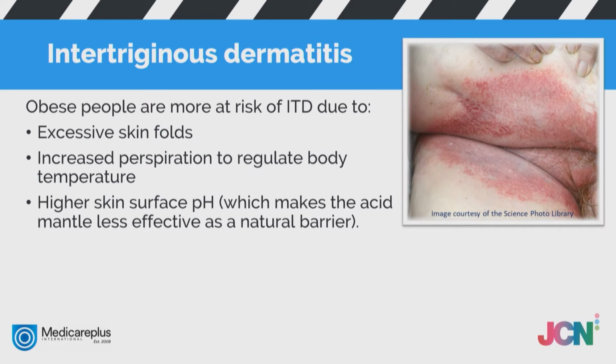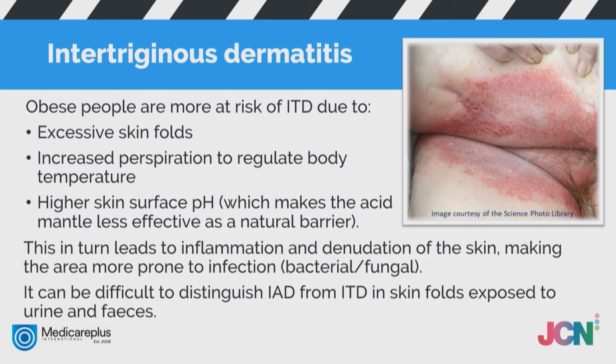So obese people are more at risk of ITD, due to excessive skin folds, increased perspiration to regulate body temperature, and higher skin surface pH, which makes the acid mantle less effective as a natural barrier. So this is intertriginous dermatitis.